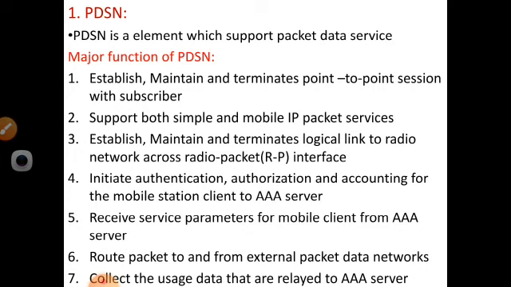That is, the server is the AAA server and the client is the mobile station. Next, by using this PDSN, we route packets from or to the external packet data networks. And seventh, the PDSN is used to collect the data usage that is related to the AAA server.